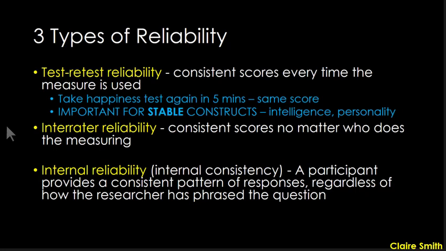Something like testing for someone's emotions, so seeing how happy they are. Maybe you test it once and then something happens in that 5 minutes, their boyfriend breaks up with them. Obviously, they're not going to get the same score 5 minutes later, hopefully, right? So this is something that we're using to test something that's a stable construct, unless we're giving the tests one right after each other.